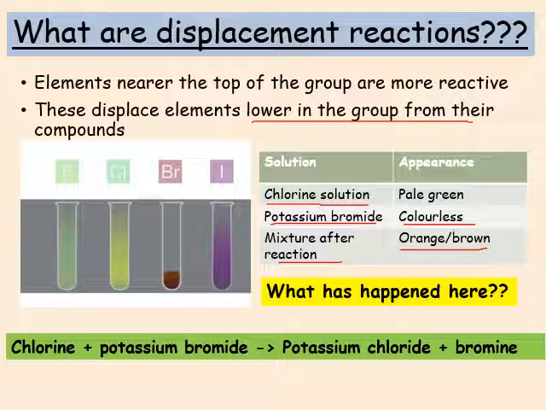So what's happened? In the chlorine solution, it's just chlorine. Now we've got potassium, which is a metal if you look at your periodic table, and bromine, which is a halogen. It's potassium bromide. We've mixed chlorine and potassium bromide, but now we've got potassium chloride and bromine.